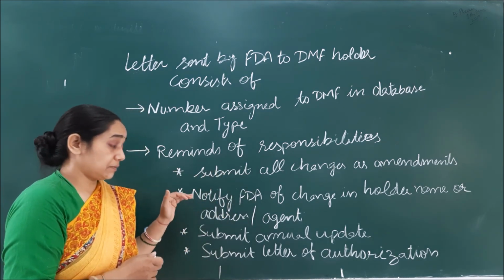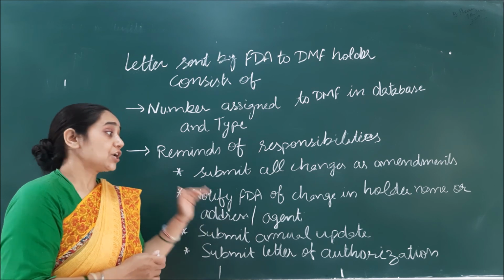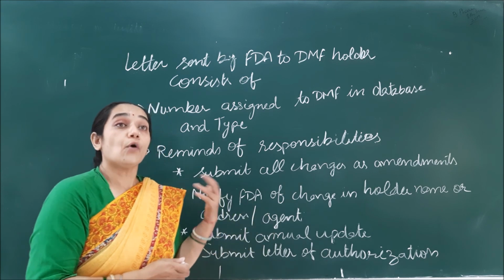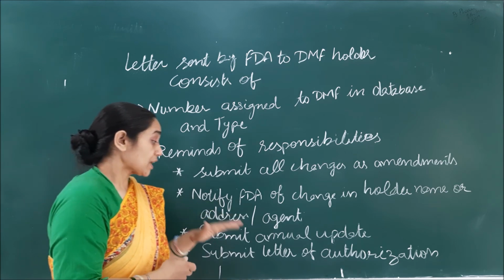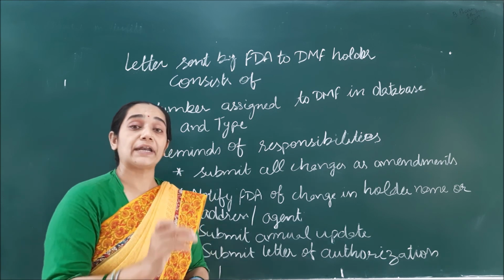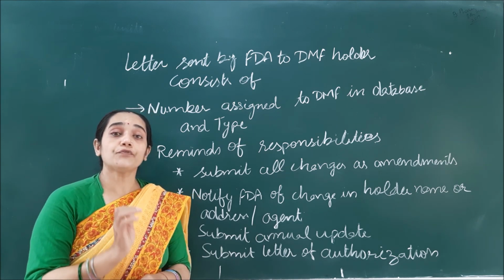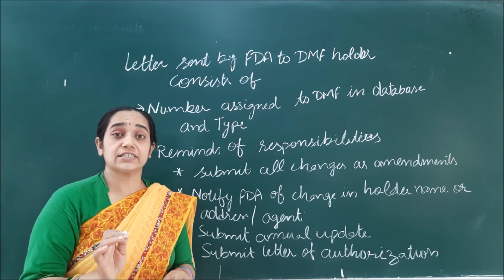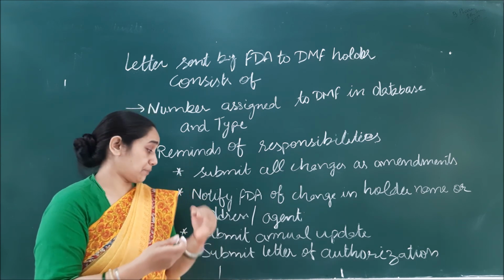It also notifies that if the name of the holder or the agent has been changed, or the address of the holder or the agent has been changed, then it should be suitably specified to the FDA. As well, there should be an annual update, meaning every DMF will be updated annually. If there is no change in the DMF, then a letter will be sent to the FDA that no change is done in the DMF and the submitted DMF is the current DMF.